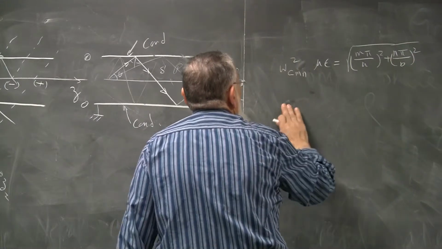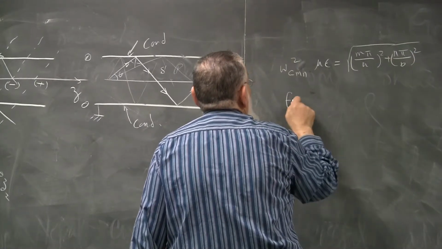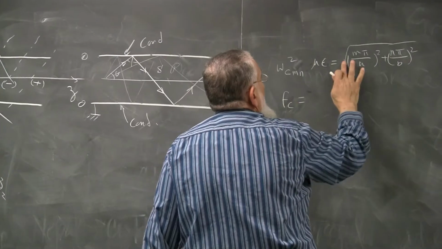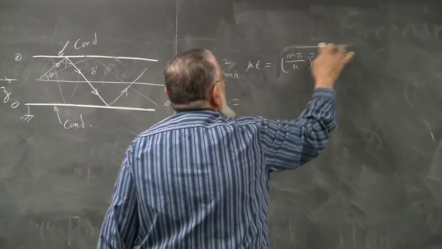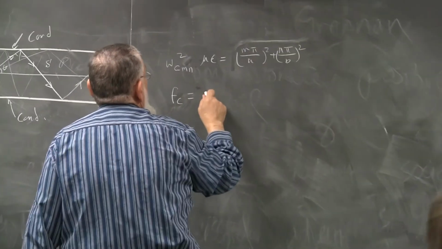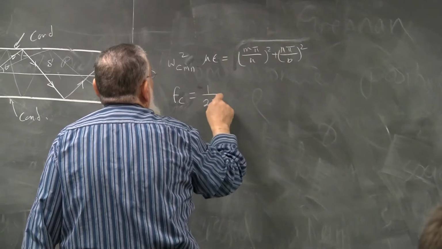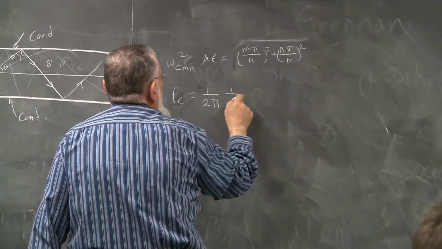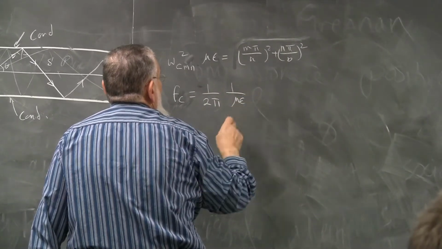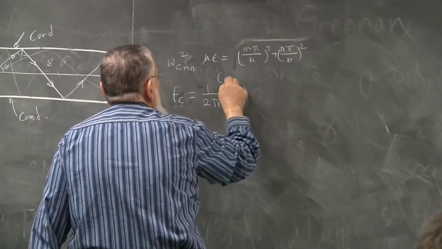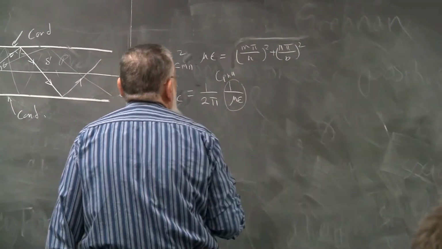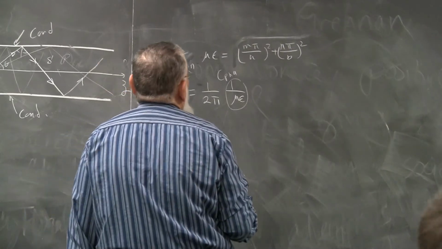All right? So f sub c is going to be, I'm sorry, f sub c is going to be 1 over 2 pi, and you have 1 over square root of mu epsilon, which is actually C phase unguided. Okay?